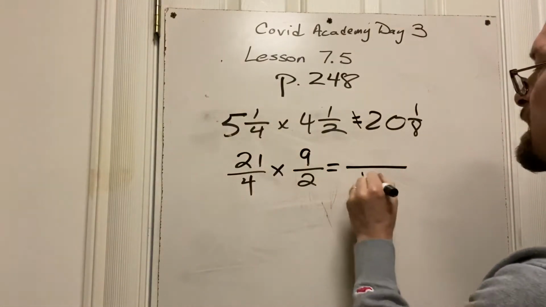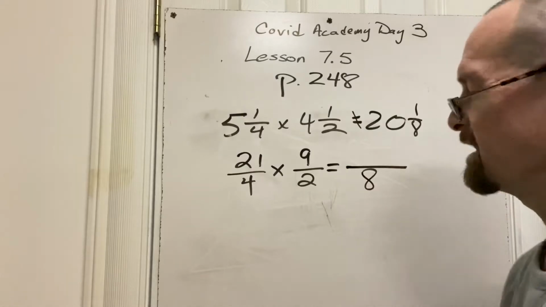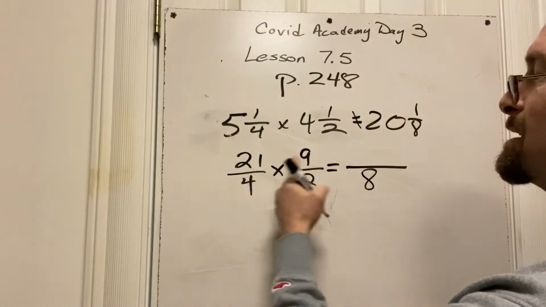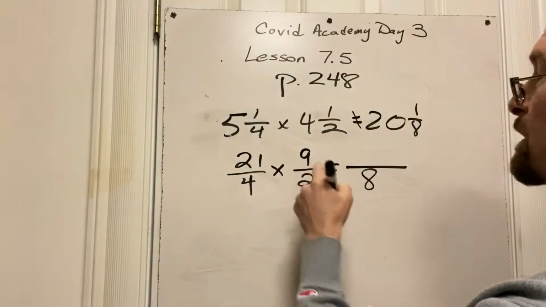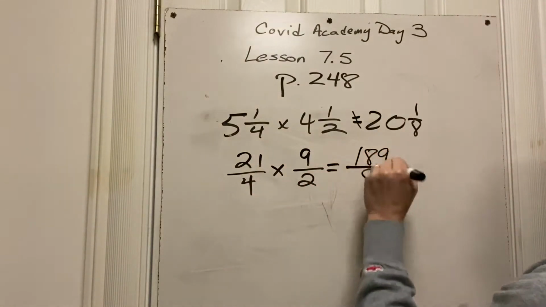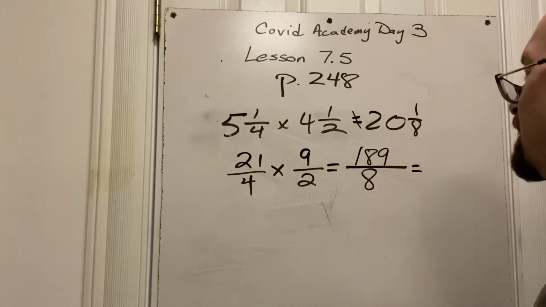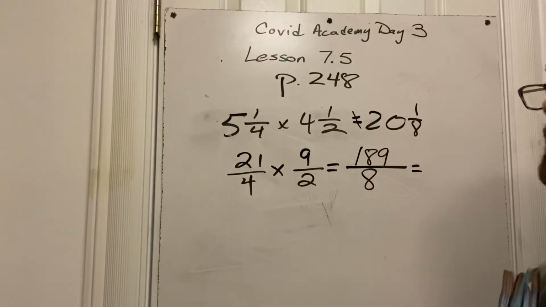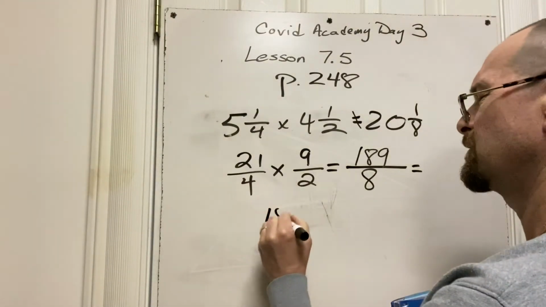4 times 2 is 8, and this is where it's obnoxious. 21 times 9. That's kind of rude. 20 times 9 is 2 times 9 with a 0, 180. 1 times 9 is 9, so 189/8. Now you have to figure out how many eighths fit into 189. Really?